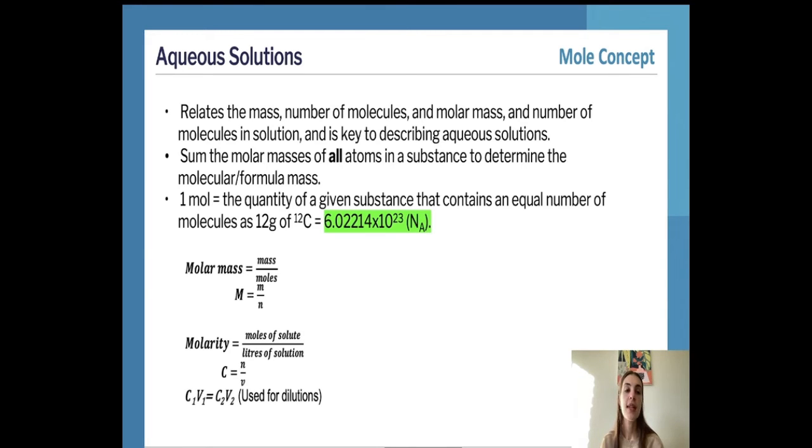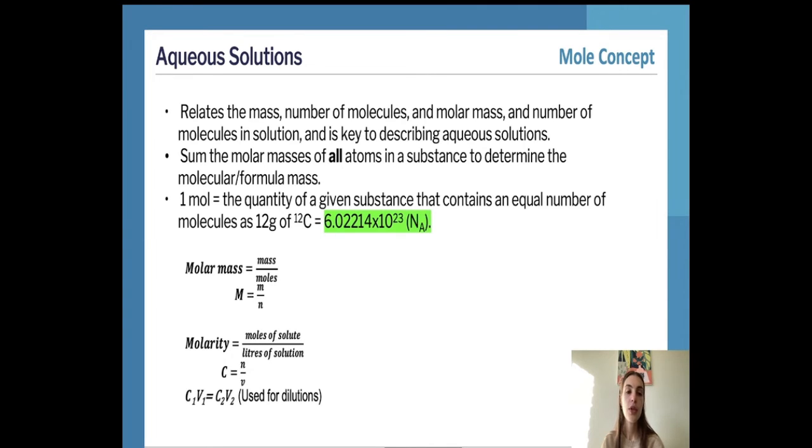And so we can then apply this to this formula which we have, which is molar mass equals mass over moles, or otherwise known as moles equals mass over molar mass.